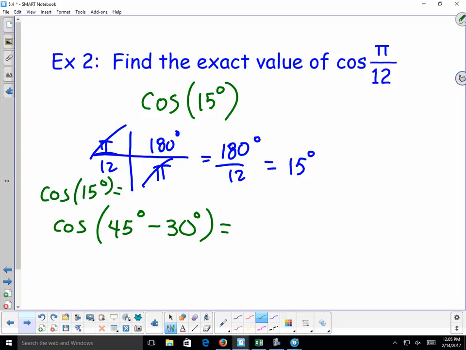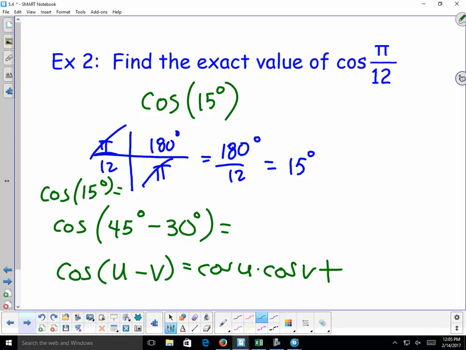So you want to use cosine of u minus v? That formula is cosine u cosine v, but remember, the cosine formulas have the cosines being multiplied together, where sine formulas do not, and they have the opposite sign. So instead of a minus, they have a plus: cosine u cosine v plus sine u sine v. Everybody agree? In this case, we're plugging in 45 for u and 30 for v.